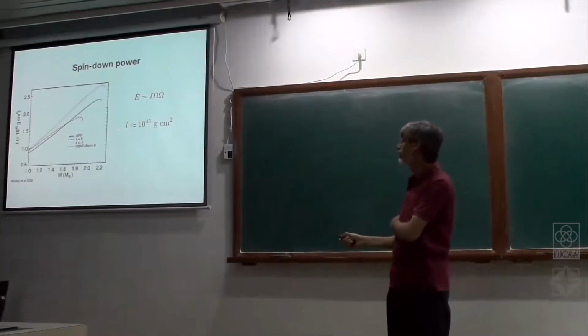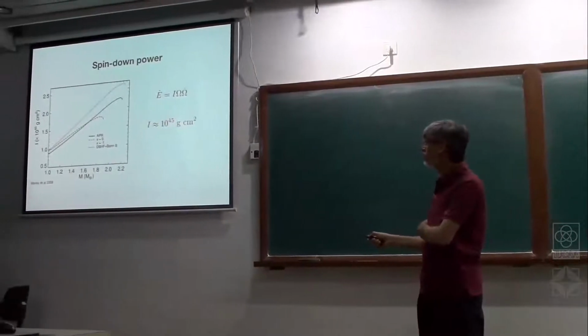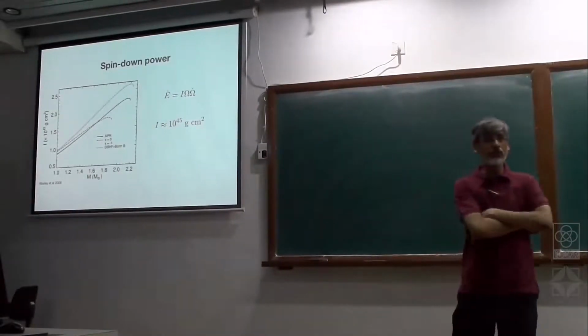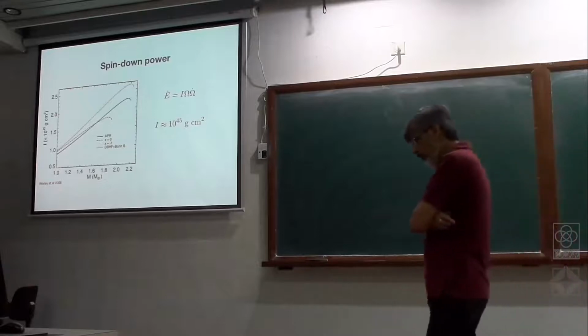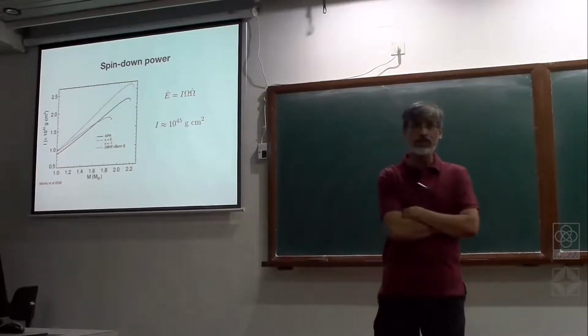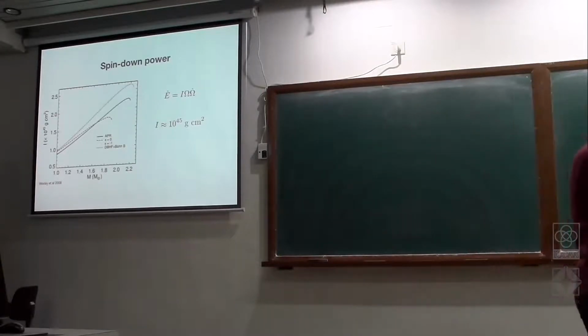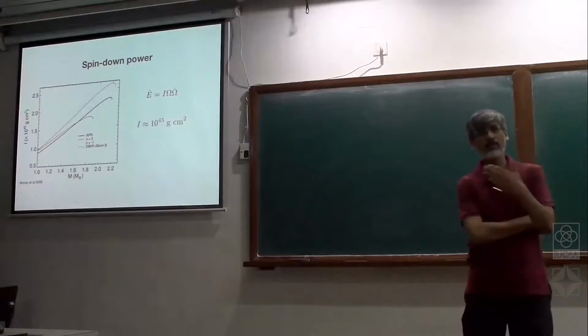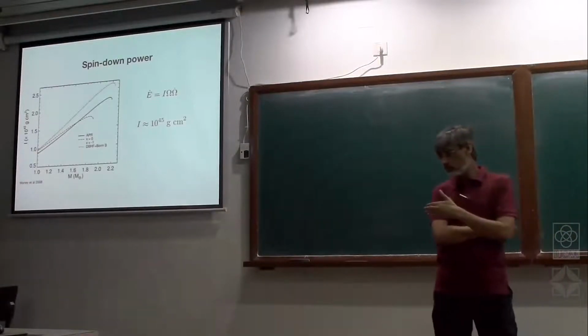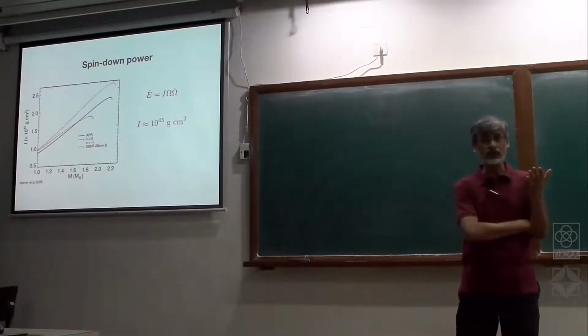So within a factor of 2, you can just assume the moment of inertia is 10 to the power 45 grams centimeter square. Therefore, with measured period and period derivative, you can immediately compute the rate at which the rotational energy is being lost, and that number is well determined to within a factor of 2.